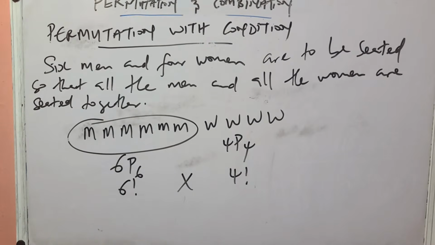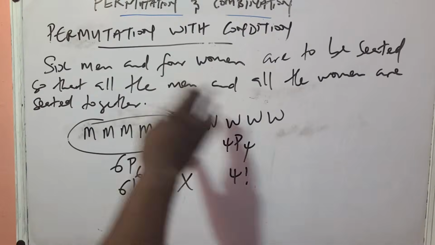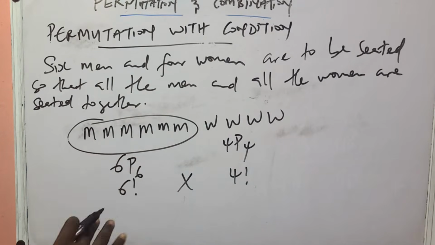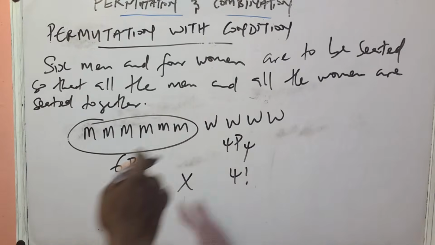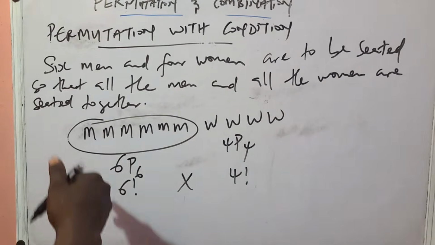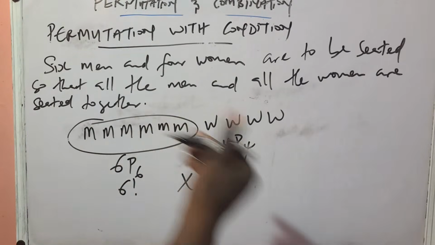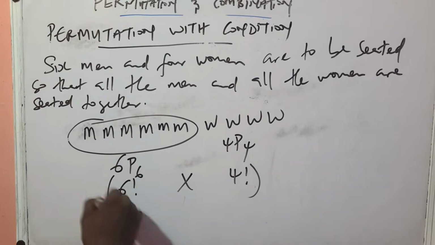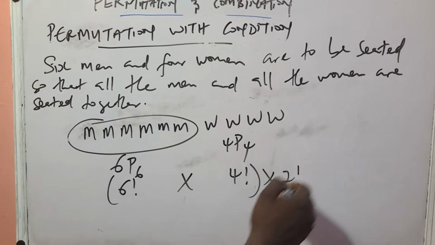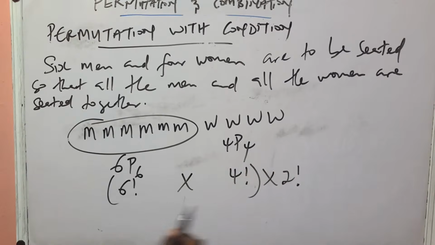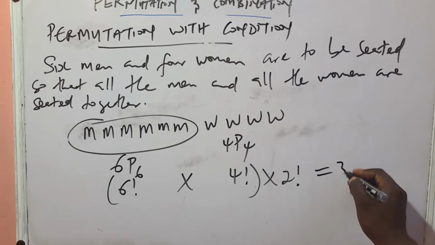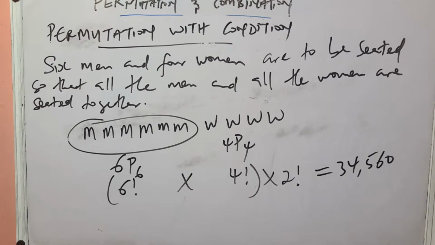So you must consider that arrangement of either man first or woman first can happen in how many ways? It's actually 2 ways. So that's why you multiply with 2 factorial, or times 2, anyhow you want to see it, because 2 factorial is obviously 2. So that's how you got 6 factorial times 4 factorial times 2 factorial. That should give you a total of what? 34,560 different ways.